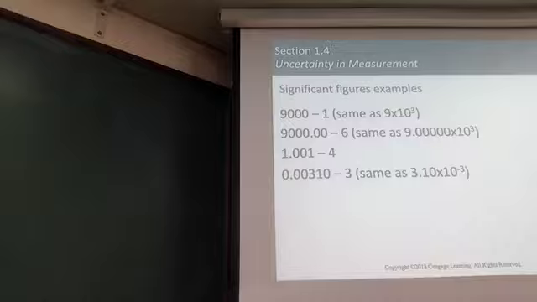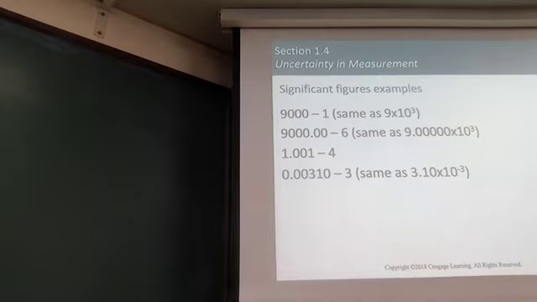Same actually as if there would be a 0 in the end, it wouldn't matter. It would also be 4 significant figures. One more example is the last one. It's 3 significant figures because all the zeros ahead of them don't really matter, because you can write this as 3.10 times 10 to the power minus 3. You can see there's 3 significant figures.